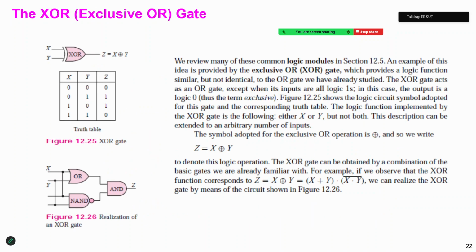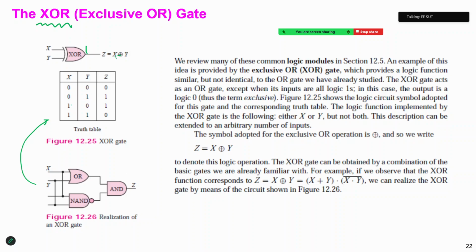And also we can have the logic called exclusive OR. What is the exclusive OR logic? Exclusive OR is this logic, and for the output of this logic you get this truth table. If x is 0, y is 0, c is 0. If x is 0, y is 1, c is 1.